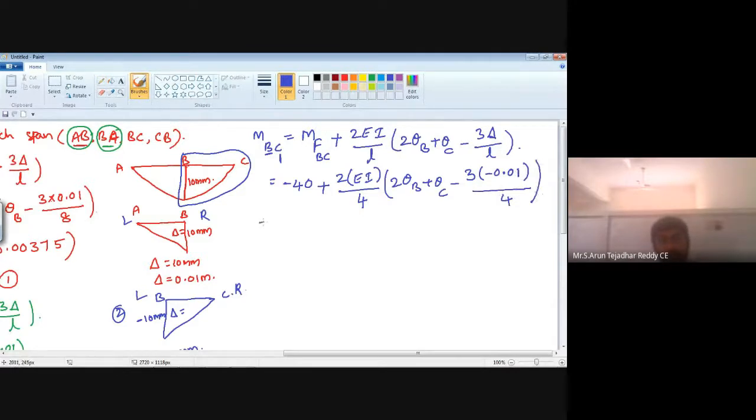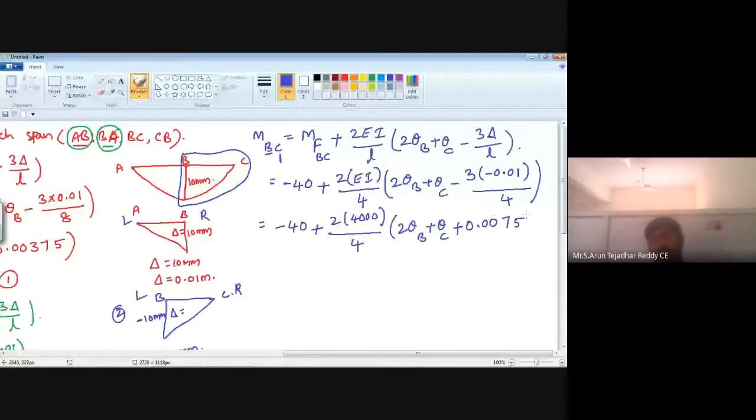Now minus 40 plus 2 into given EI is 4000 by 4 plus 2 theta B in 2 plus theta C minus, what is the value here? Minus into minus plus 0.0075. After evaluating this term, then it is 0.0075.